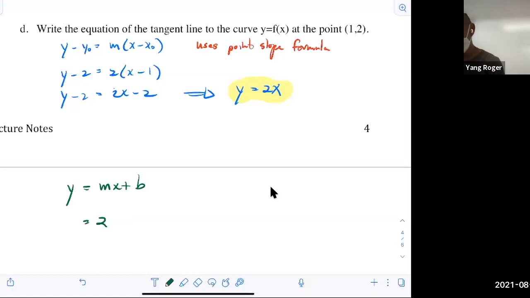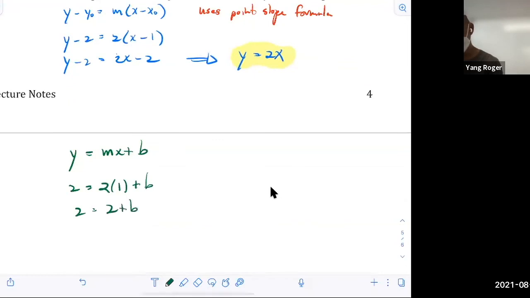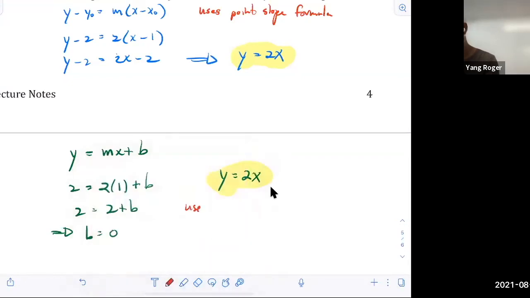You know that your x value is 1 and your y value is 2. So then you can solve for b. When you simplify this, you get 2 is equal to 2 plus b. This tells you that b is equal to 0. So then your formula would be y is equal to 2x, because the b is equal to 0. So this is another way to do it. This way uses the slope-intercept form. That makes sense?